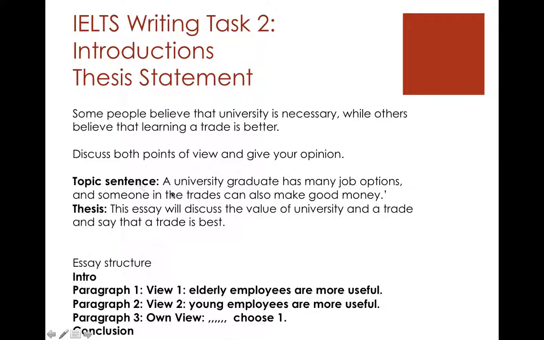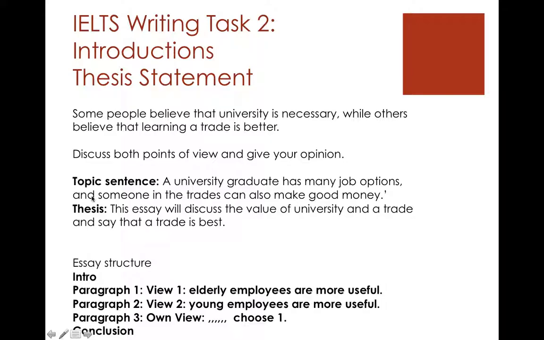And it reads like this. A university graduate has many job options, and someone in the trades can also make good money. This essay will discuss the value of university and a trade and say that trade is best. If you see this, we have this and here, comma and, so we have a subject, we have a verb, and we have an object.